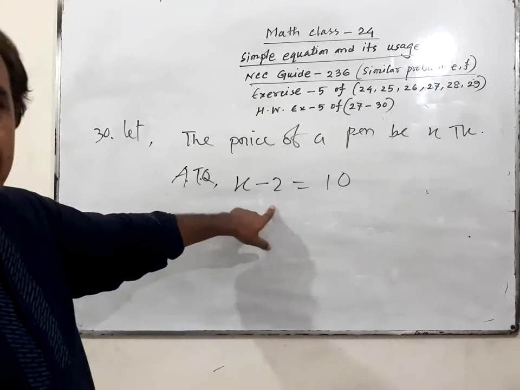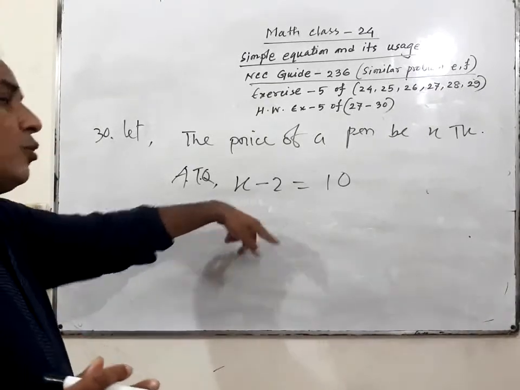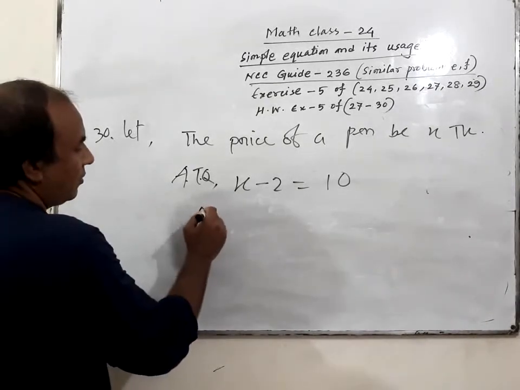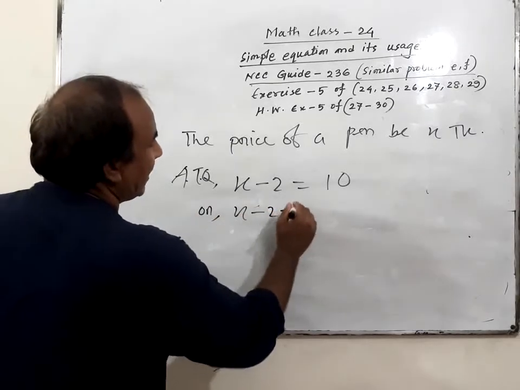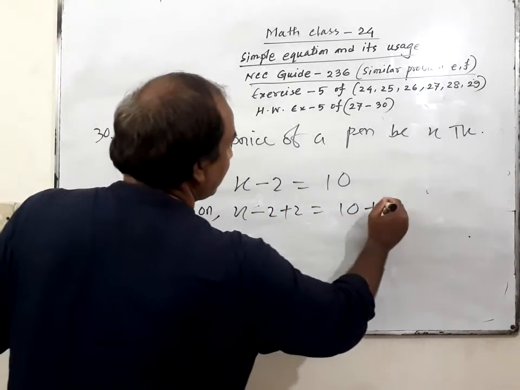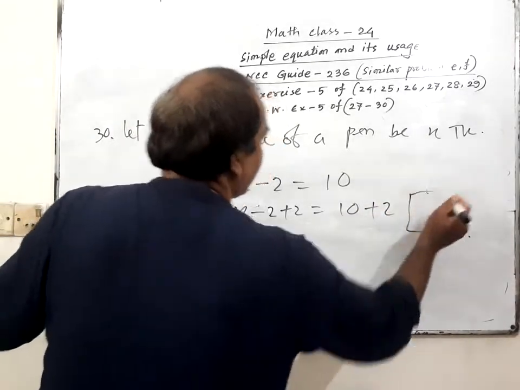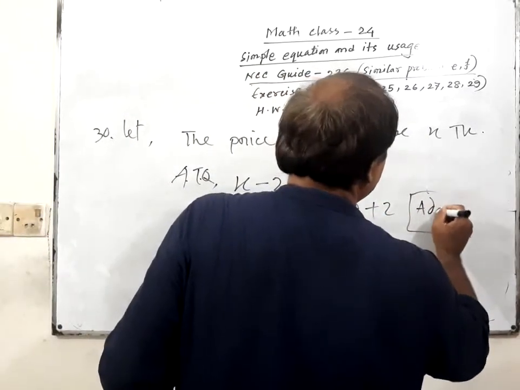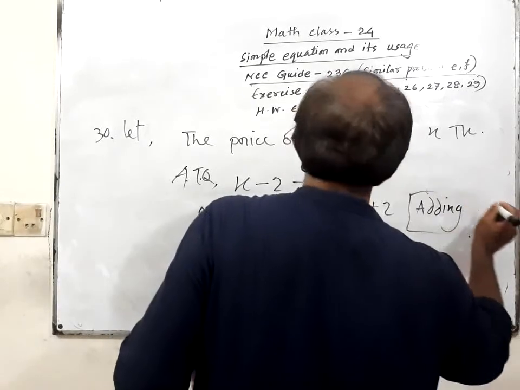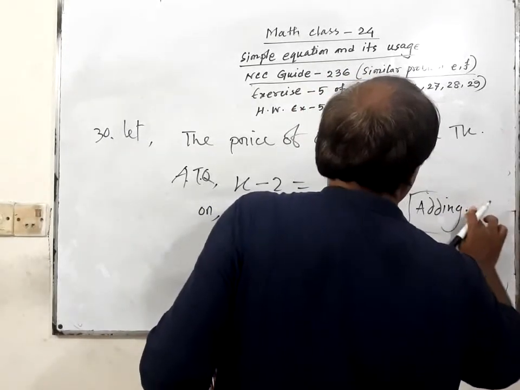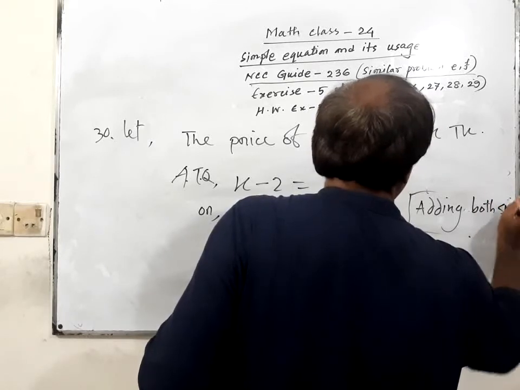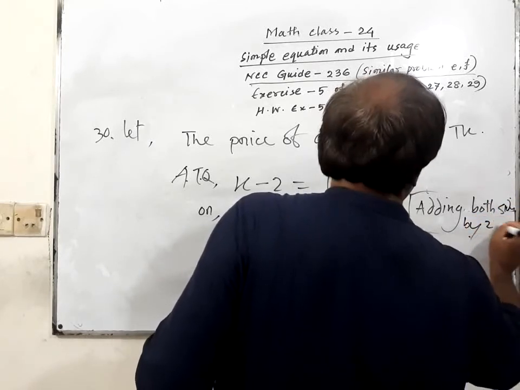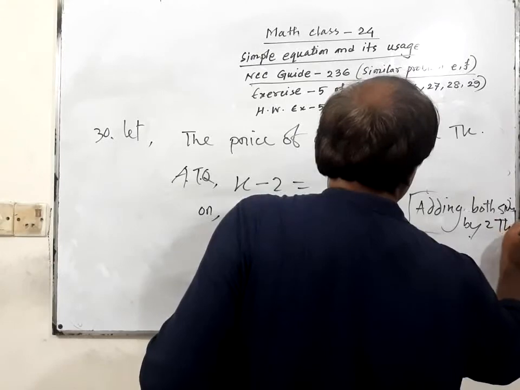Less means minus, we have to subtract 2 taka, so x minus 2 and plus 2. Adding to both sides 2 taka.